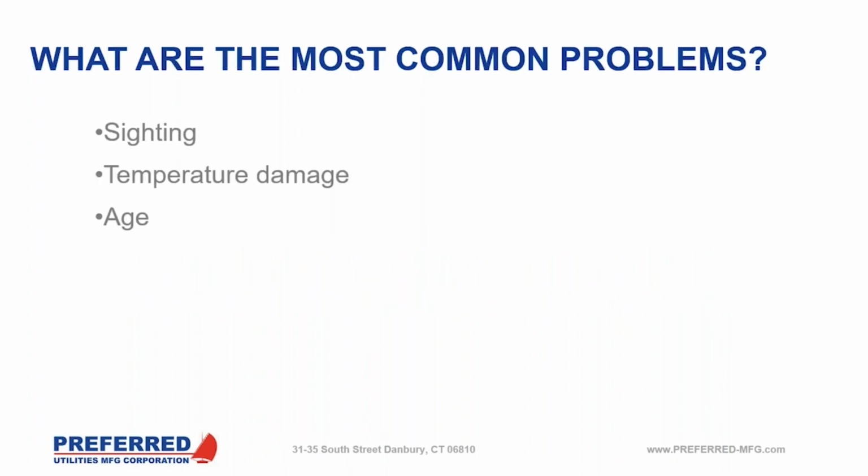The most common problems are sighting, temperature damage, and age, but they are extremely reliable as a rule. And again, the key to an infrared scanner operating properly is back in the flame safeguard. Okay, it's going to be monitoring that signal and making sure that signal is moving, and moving quite rapidly, so we know that we've actually got true flame and not some refractory that we're looking at there.